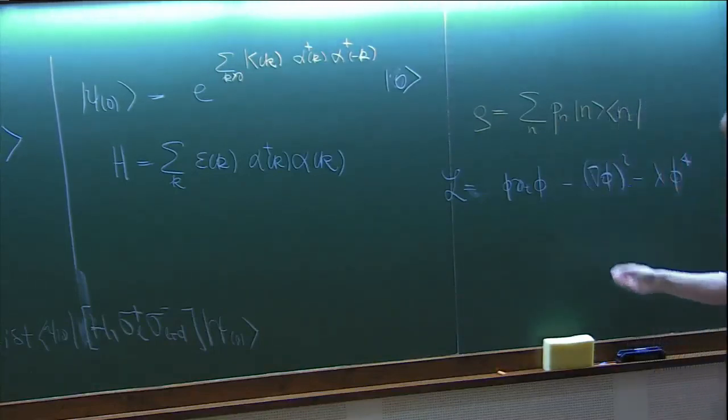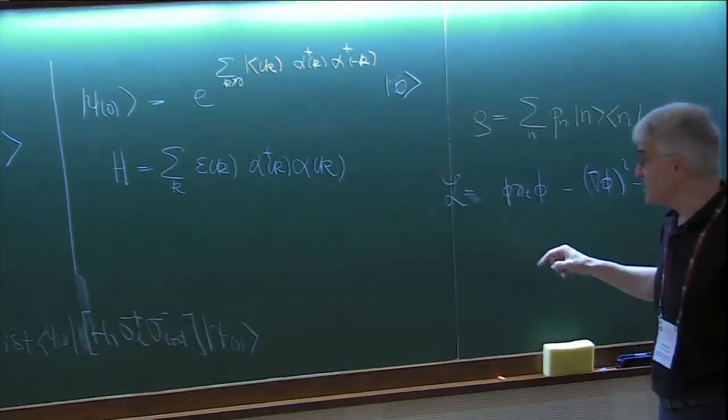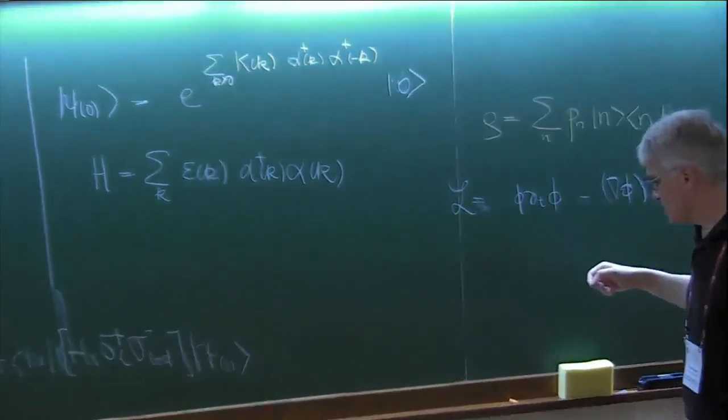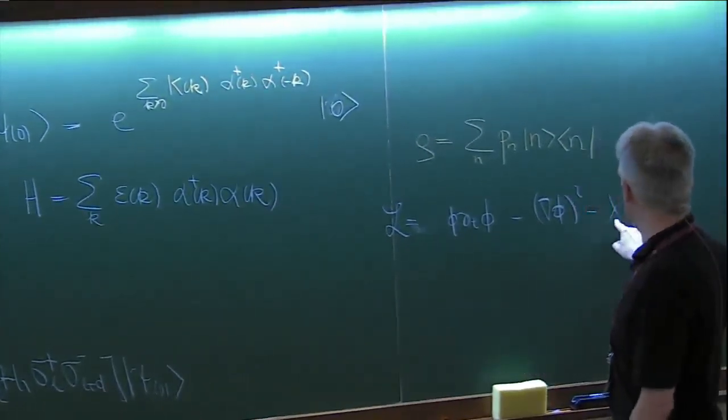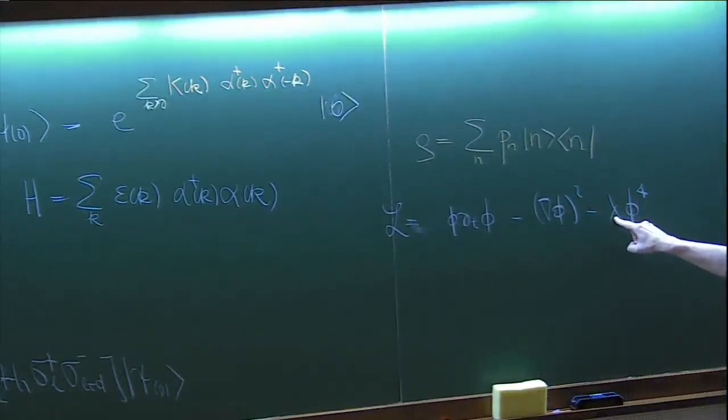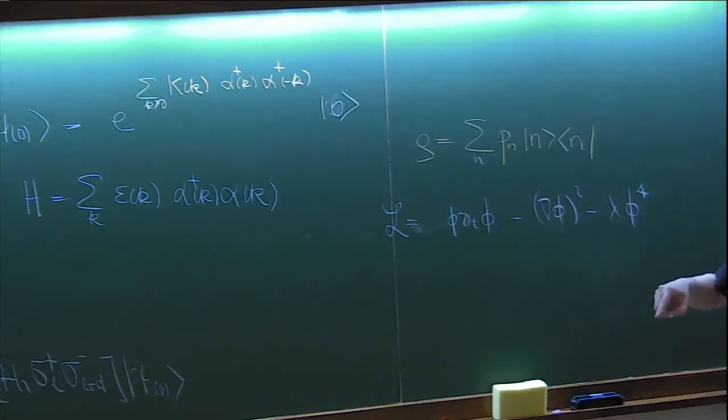So a non-relativistic scalar field in 1 + 1 dimension. You can look at quantum quenches. Now, if lambda becomes very, very large, in that case, the model actually maps onto free fermions.